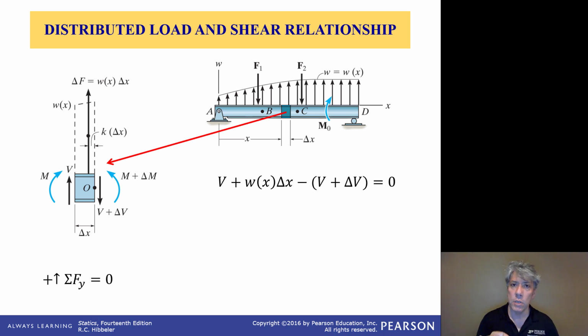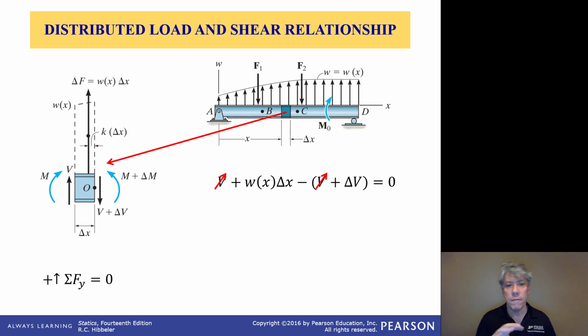But when summing forces in the vertical direction with reference to a y-coordinate, this is a negative direction. So we have to write minus the quantity V plus delta V. But those are all of the forces that act on this free body, and those forces must be in equilibrium, because if they're not, this little segment's got to start accelerating.